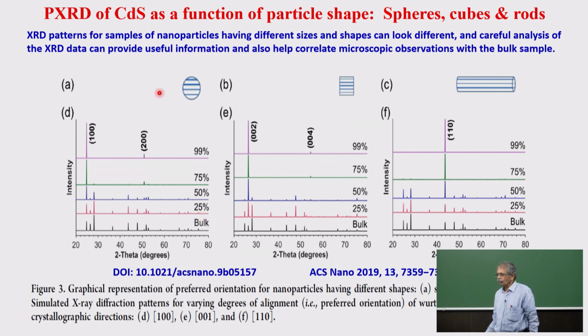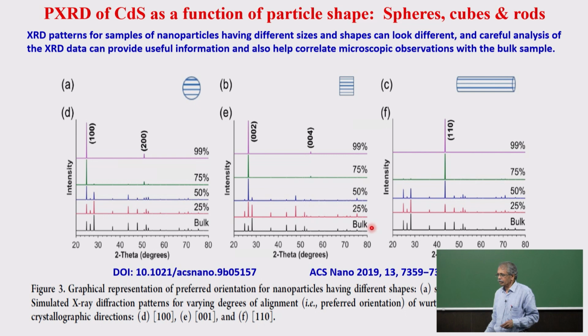So therefore the amount of this would reflect in the kinds of the peaks. So one needs to know what are the peaks corresponding to this kind of shape, then pick up those and then analyze.